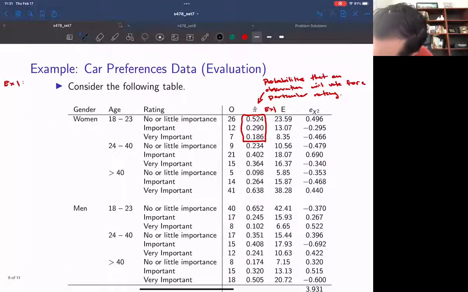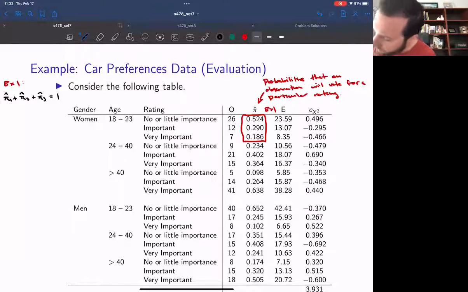is we can say pi hat 1 plus pi hat 2 plus pi hat 3 must be equal to 1. This would be true regardless of the problem and the number of categories you have. You might have 5 different categories, and all the probabilities would have to sum to 1.